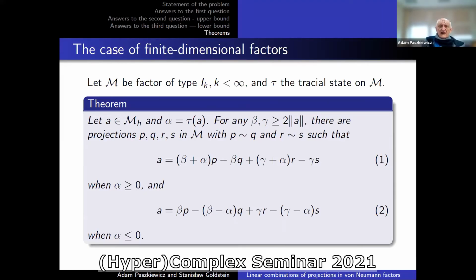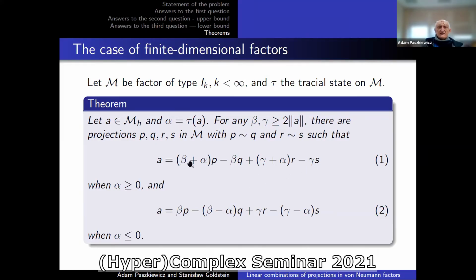So now I want to present some precise theorems connected with this number n, and it's interesting that if I take a factor 1k, then I can obtain a quite canonical form of representing a self-adjoint operator A as a linear combination of four projections P, Q, R, and S.